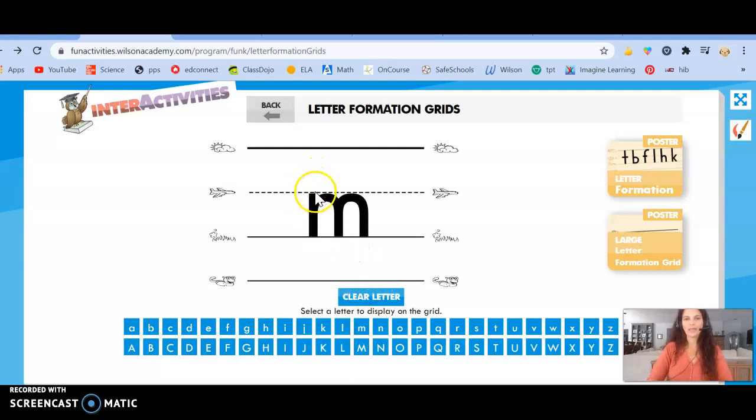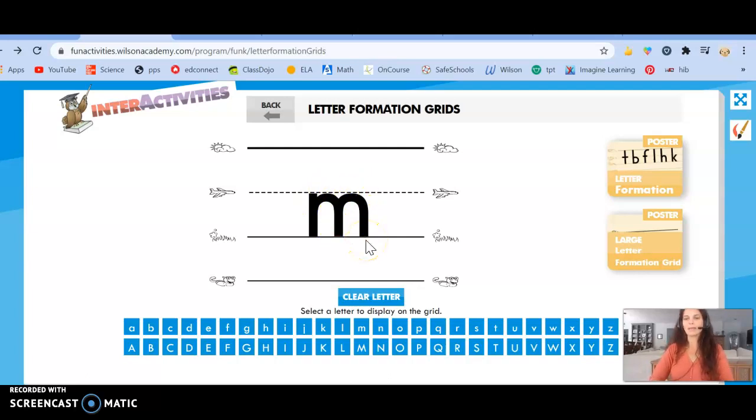Okay, now let's do the lowercase m. We start on the plane line, go down to the grass line, trace back up to the plane line, hump to the grass line, trace back up to the plane line, hump again to the grass line. M, man, m. Start on the plane line, you go down to the grass line, trace back up to the plane line, hump to the grass line, trace back up to the plane line, hump to the grass line.